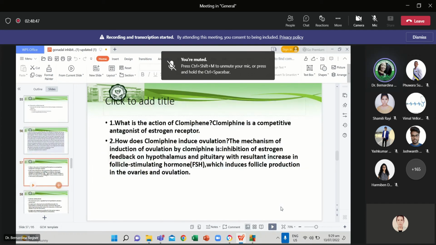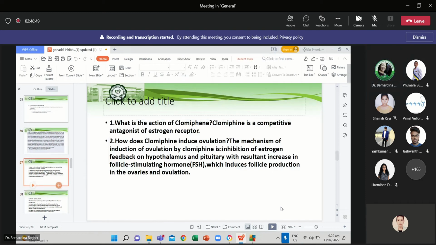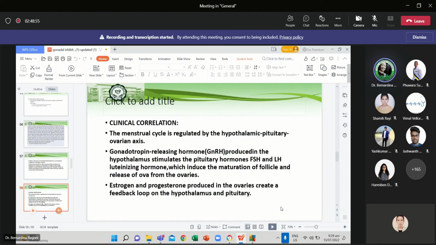Okay, clinical correlation. The menstrual cycle is regulated by your HPO, or hypothalamic-pituitary-ovarian axis. Gonadotropin releasing hormone, which is produced in the hypothalamus, will stimulate your pituitary hormones. What are your pituitary hormones?